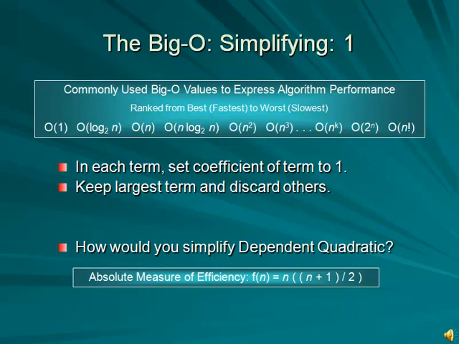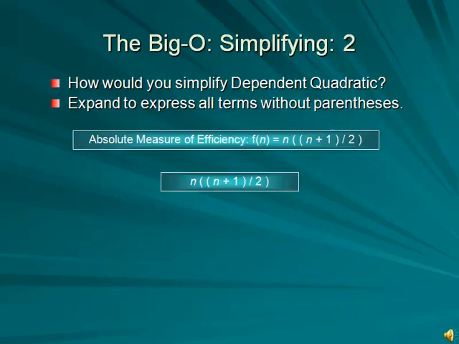As you can see at the bottom of the screen, the dependent quadratic is n(n+1)/2. We want to take that and simplify it to one of the simpler expressions of big O. Let's go through the process. First, let's expand the expression so that all terms are shown without any parentheses.